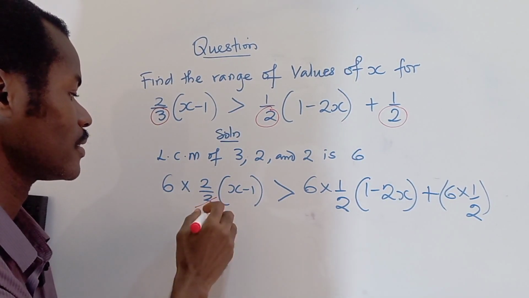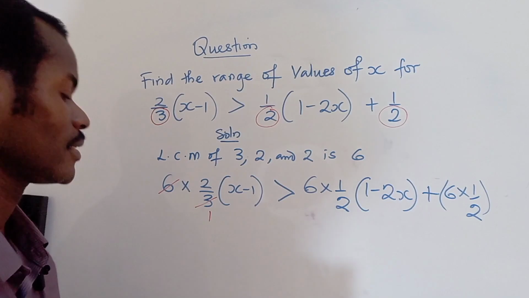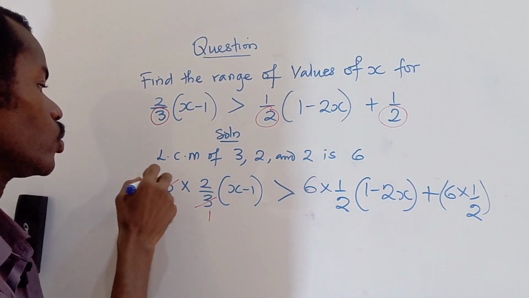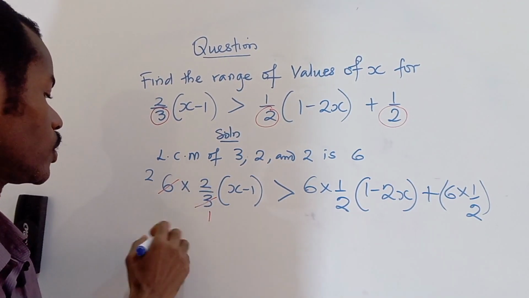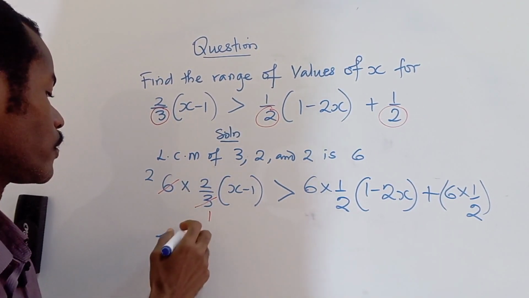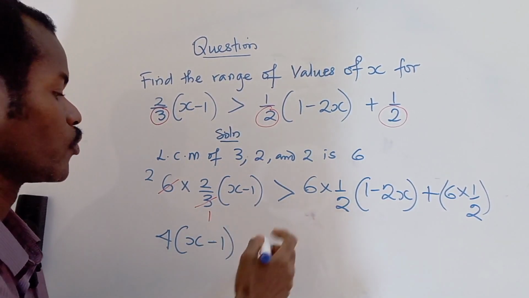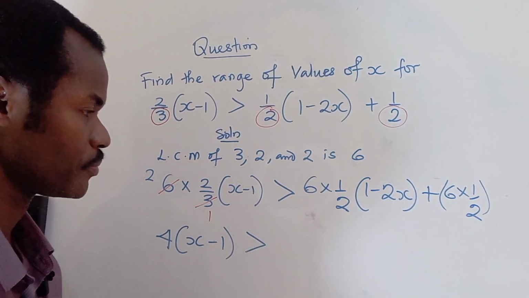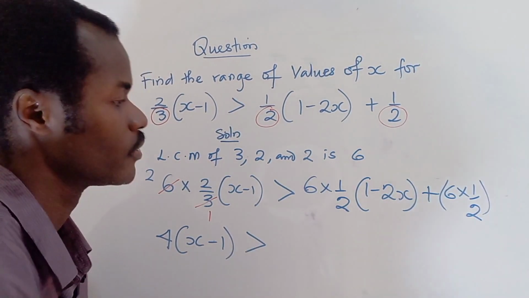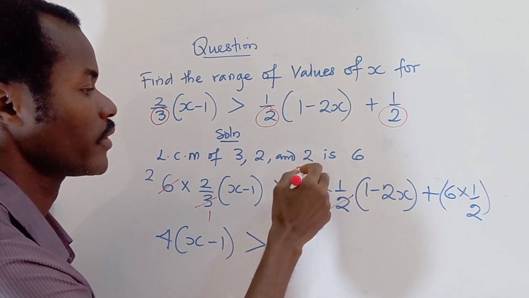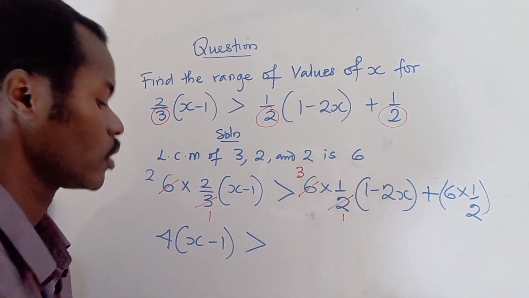Now that we have all this, certain things can cancel out. 3 can divide itself to give 1, and 3 can divide 6 to give us 2. So 2 times 2 is 4, 4 in bracket x minus 1, then we have our greater than sign. Now for this, 2 cancels 6, which is 3 times, and 2 into itself is 1.